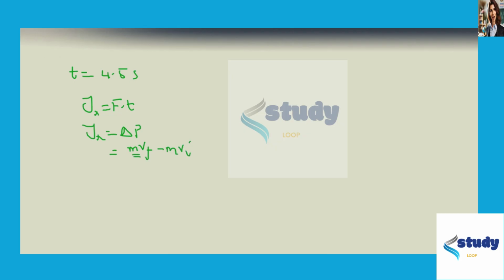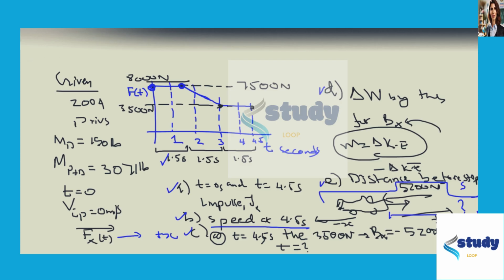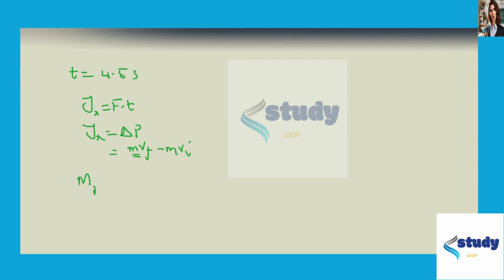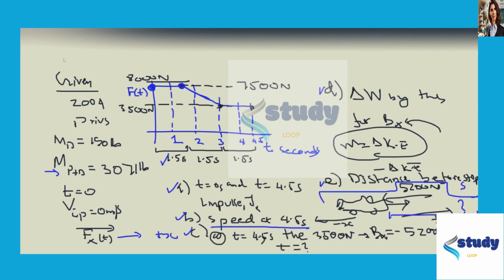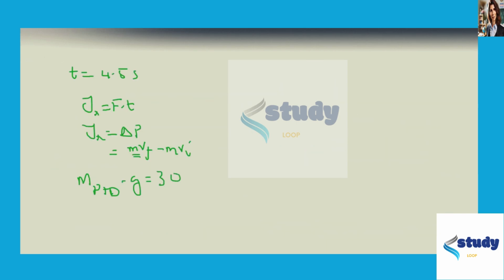So we need to find the mass of this system. So the weight, mg, the mass of the Prius and the driver times the acceleration due to gravity, is given as 3,071 pounds.